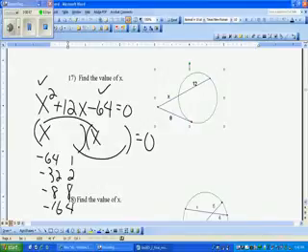So what we want to do is find one that will give us a positive 12 when we multiply the outers plus the inners. That's how we get the middle term of positive 12. So we just use trial and error here. And when we do that, 16 and 4 is the only one that will get us a 12.